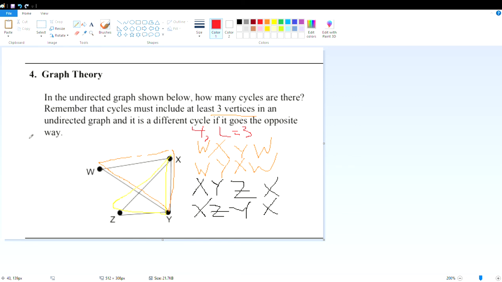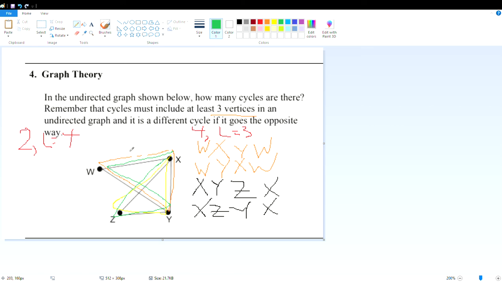Okay, so there's a total of 2 of length 4. Okay, let me pick a green. So we have this one, right?